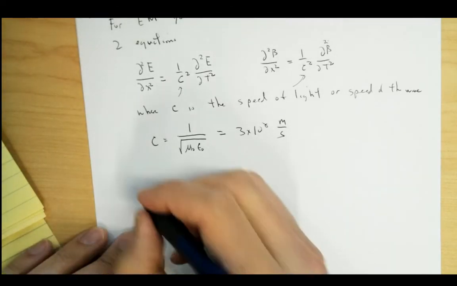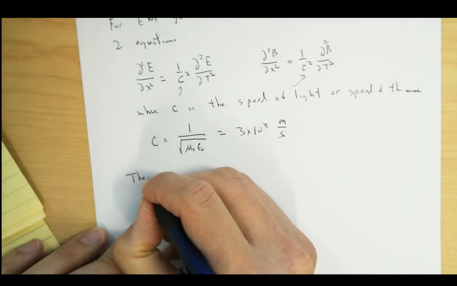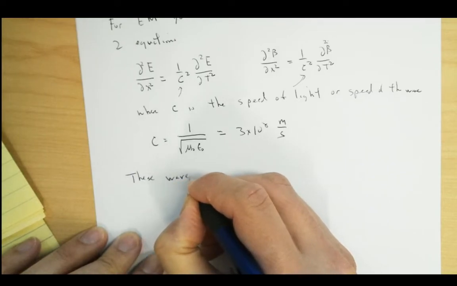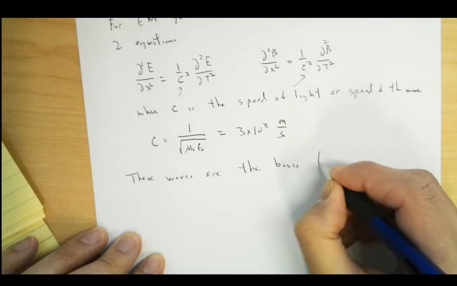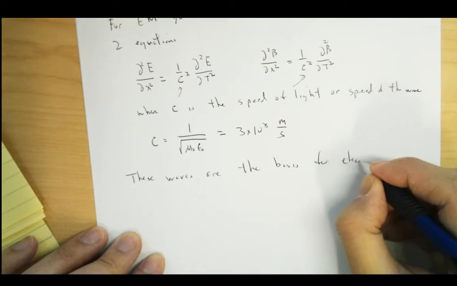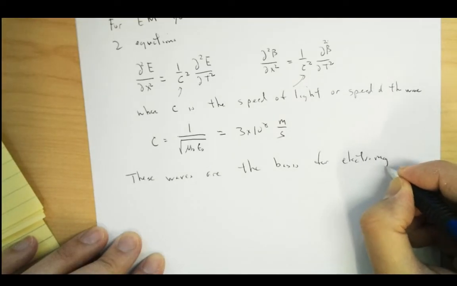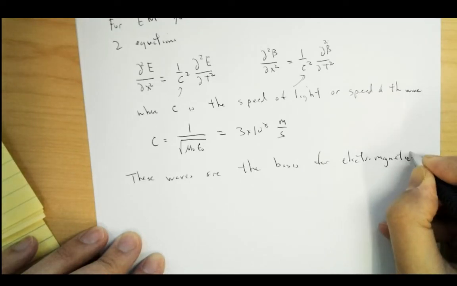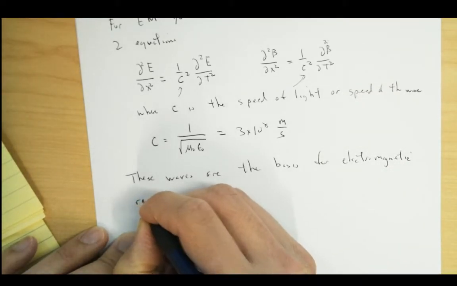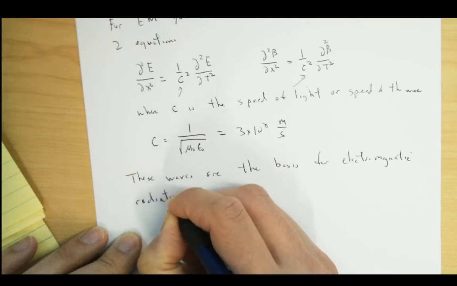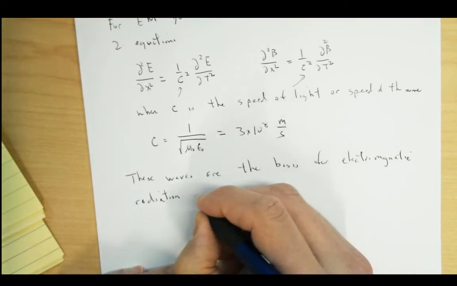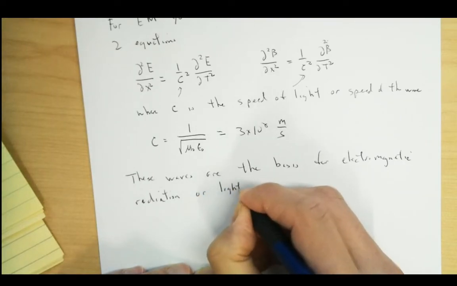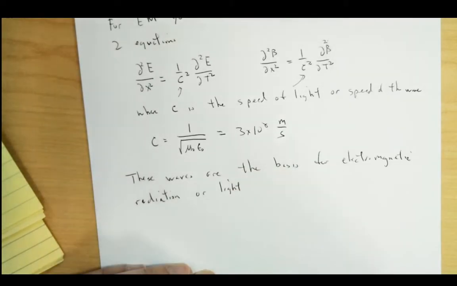Okay, and these waves are the basis for electromagnetic radiation, or light. We call it light, but it's actually radio waves, microwaves, X-rays, everything basically.